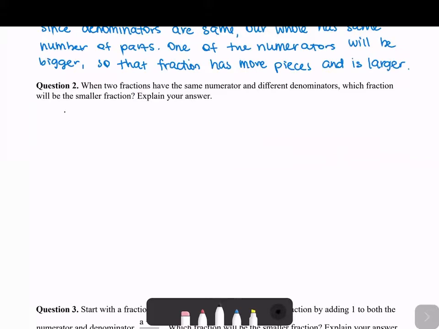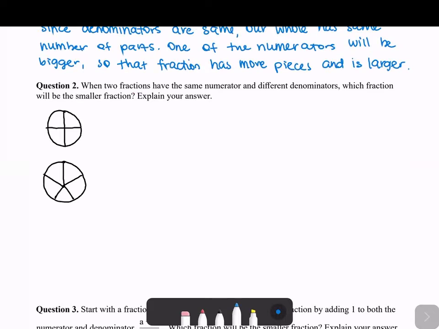So we have a circle that's divided up into 4 quadrants. And we have another circle, kind of a bad circle, that is divided up into 5 quadrants.